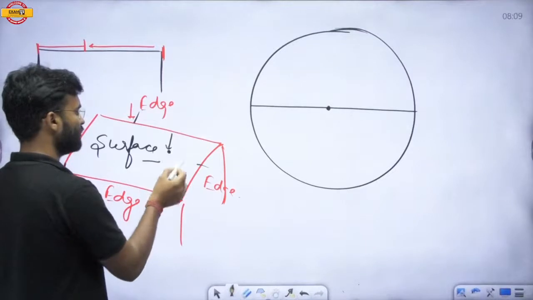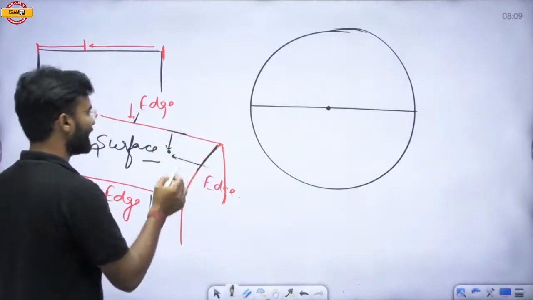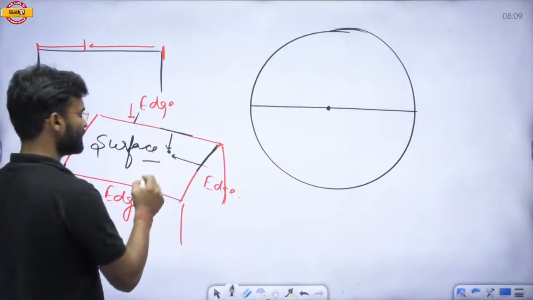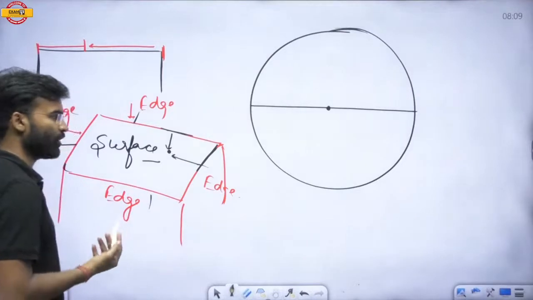So you can find out the location on the basis of these two axes, and there is no problem.